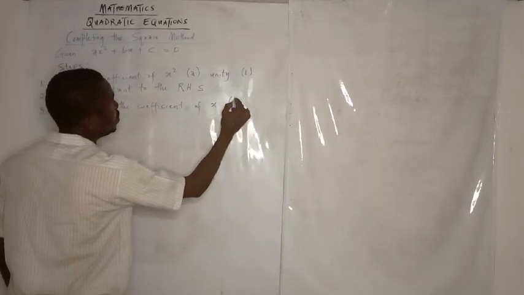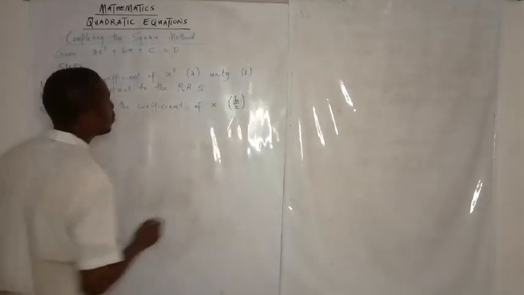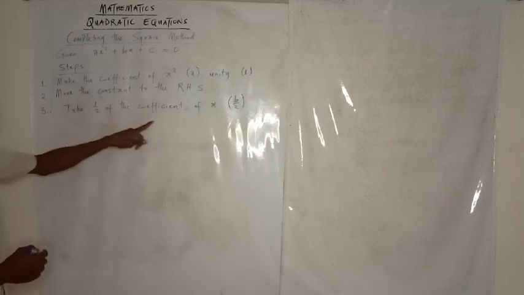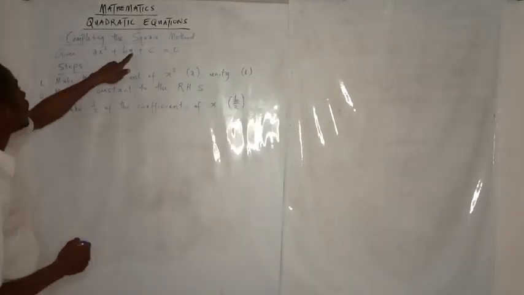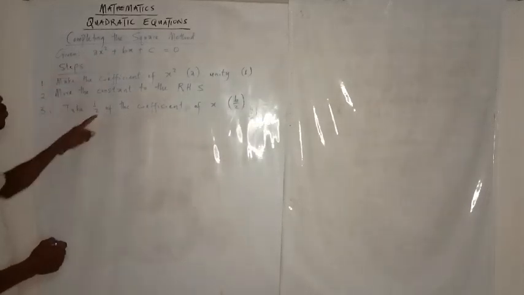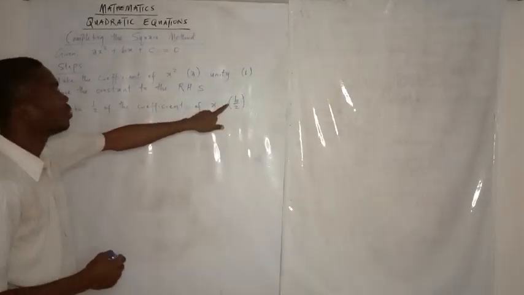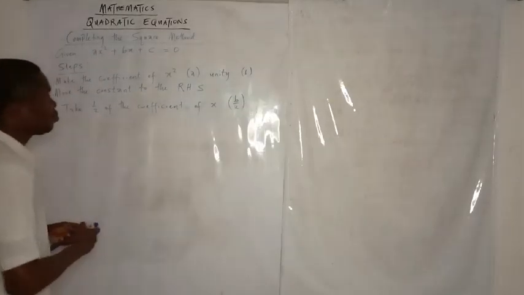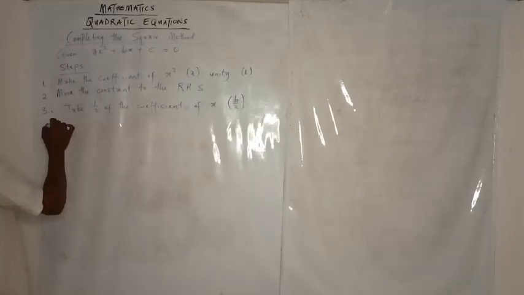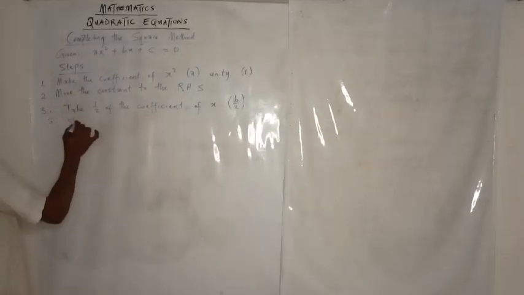The coefficient of x is b, the coefficient of x squared is a. So half of the coefficient of x will be b over 2. And then when you take half of that coefficient, the second thing is to square it.